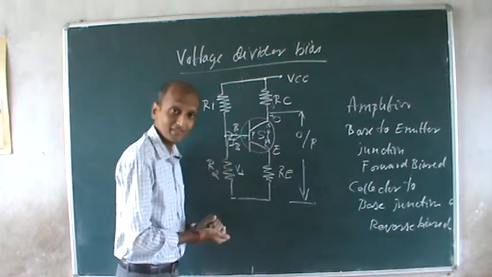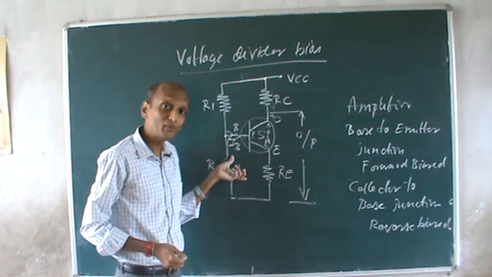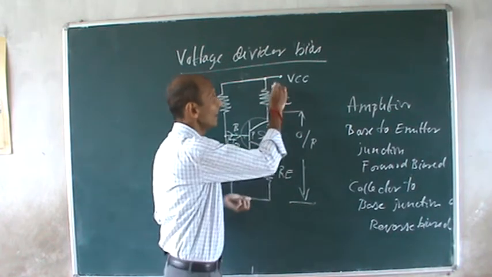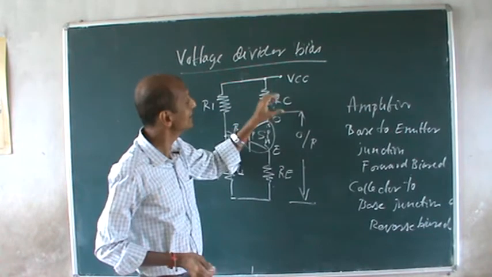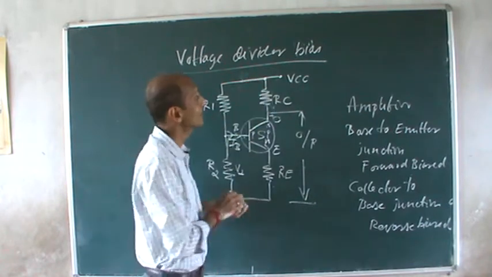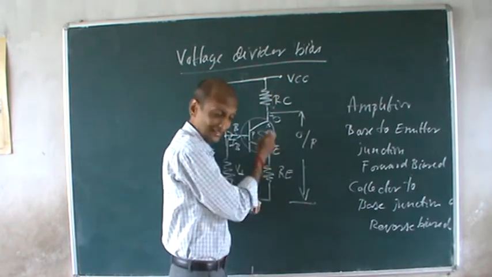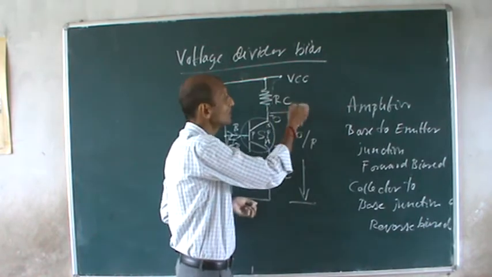Okay, so likewise we have these resistors R1 and R2, and V2 is the voltage which will be biasing your input terminal, and the output. What happens is, we have VCC and this is your RC, isn't it? The voltage VCC also comes to your output side. So VCC will come here and a certain voltage will be dropped across RC.